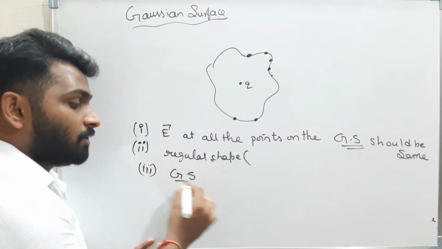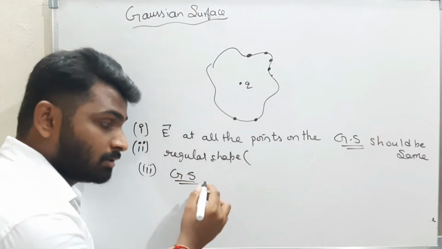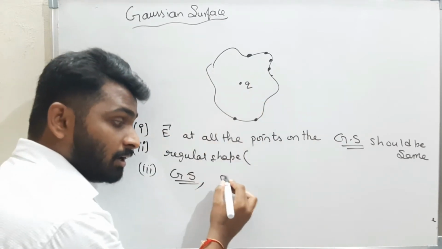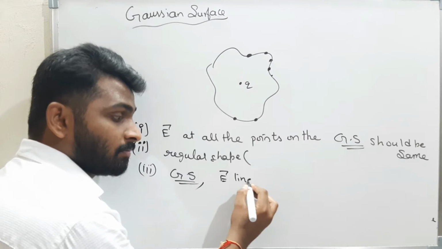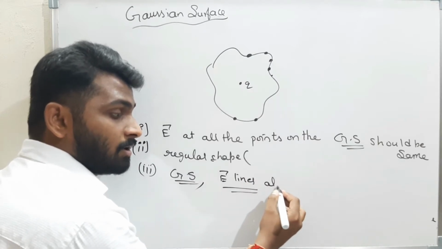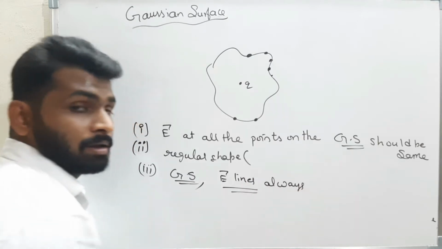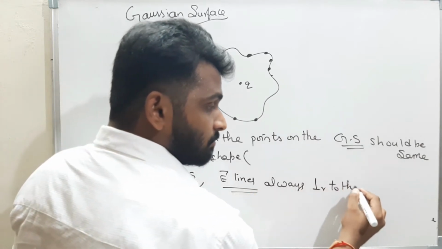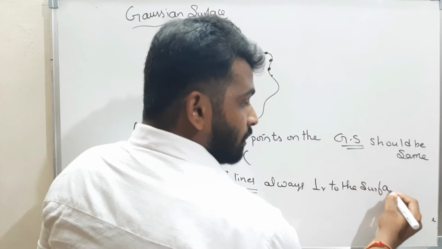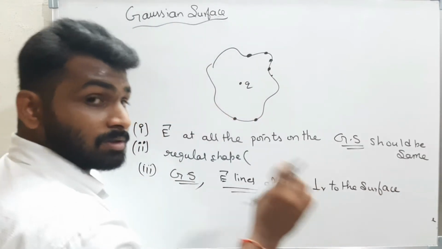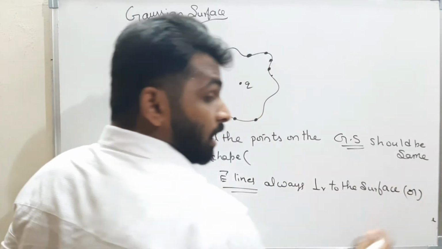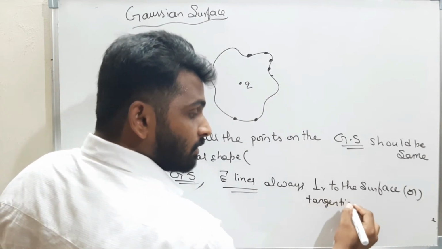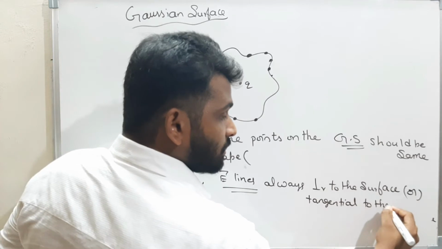Now next one. This Gaussian surface should be chosen in such a way that the electric field lines are always perpendicular to the Gaussian surface, or they have to be tangential to the Gaussian surface.